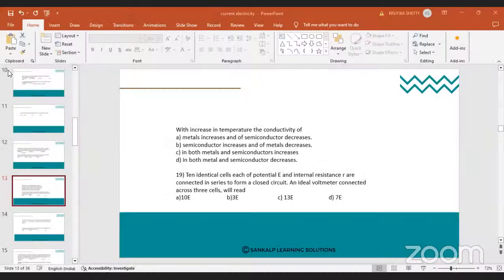Now for the three cells, n2 is equal to 3, and n1 is equal to 10. So n1 is equal to 10, n2 is equal to 3, the potential is E, and the resistance is R.